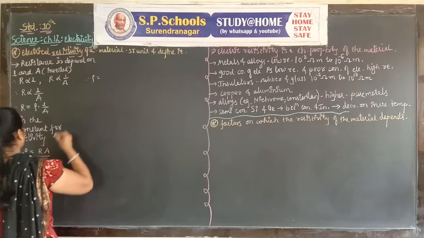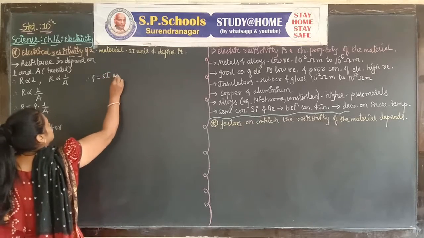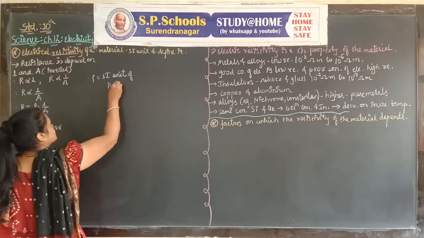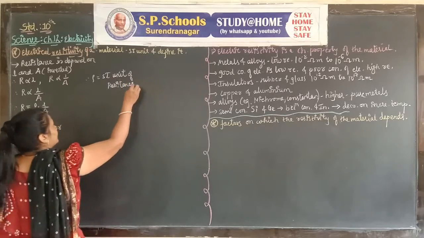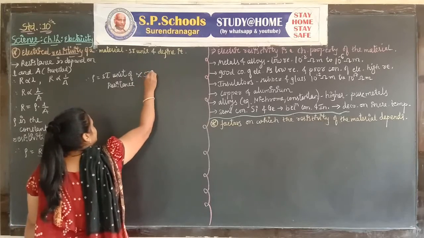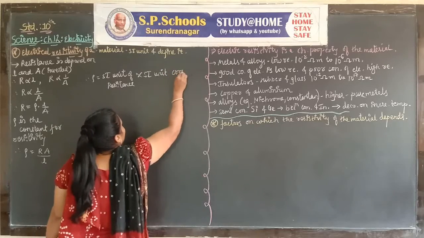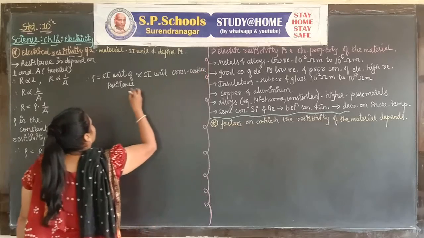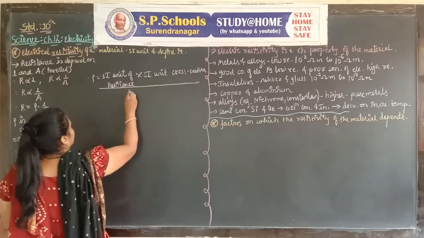First we take the SI unit of resistance, then the SI unit of cross-sectional area upon length.